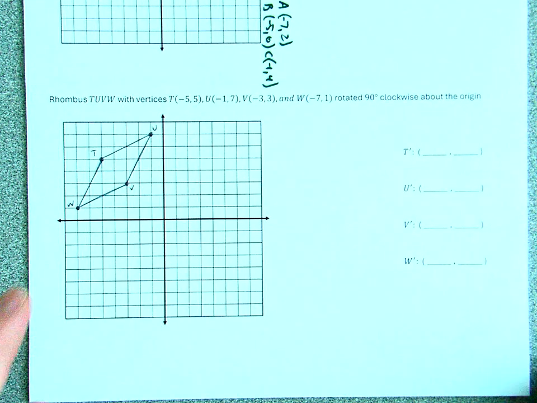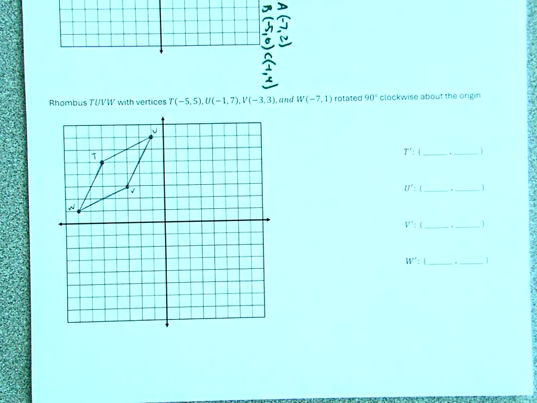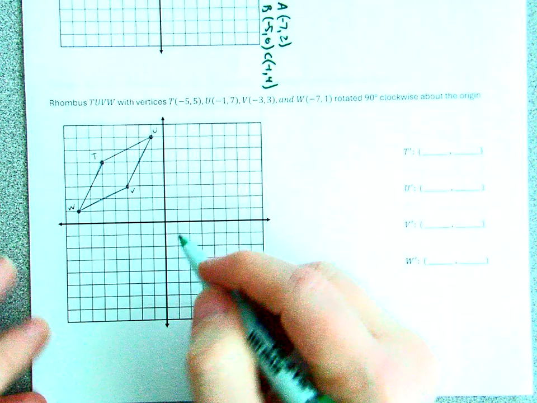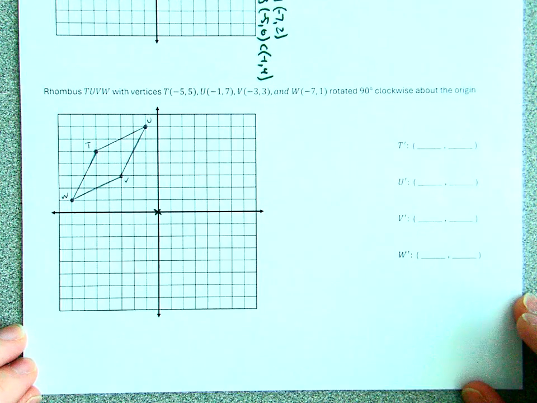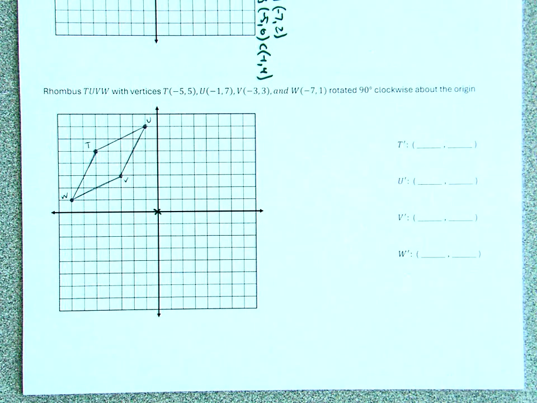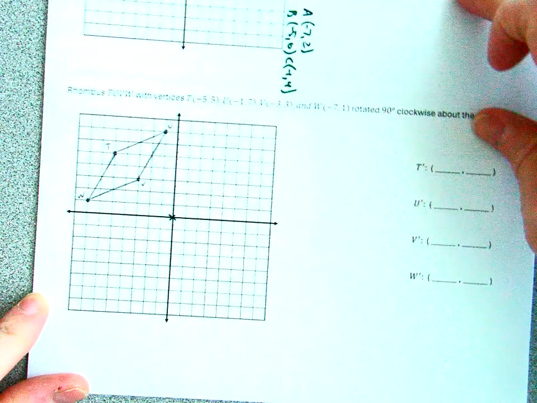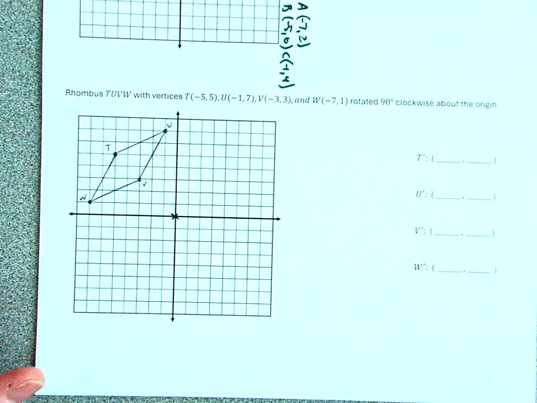All right, let's try it. So we got these 4 points. Went ahead and plotted them. I'm rotating around the origin again. I'm just going to make a note of that, just to keep things consistent as we move through. Okay. So this time I want to rotate 90 degrees clockwise. So clockwise is going to be one rotation to the right, moving like a clock would.